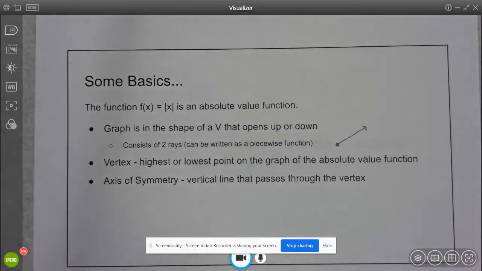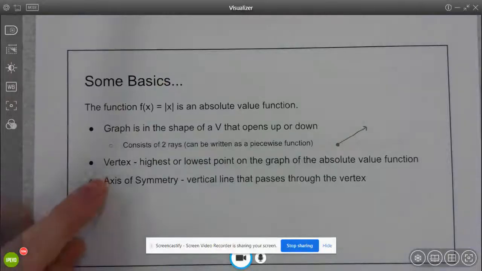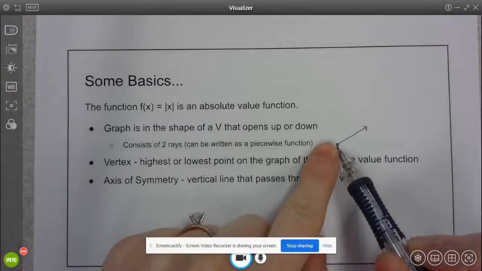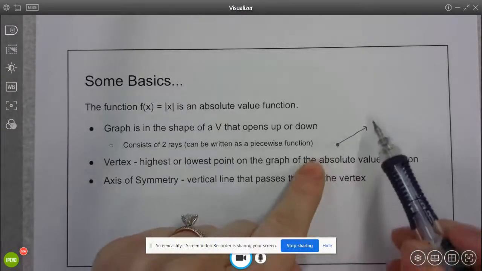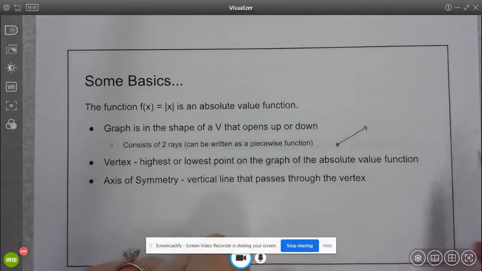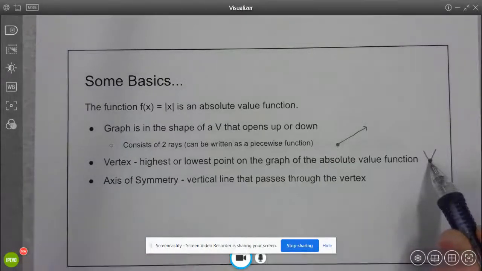So an absolute value function is two of these put together to create that V. We are going to have a vertex, just like we did with our quadratic functions in Math 1 and Math 2. However, our vertex here, instead of being on that curved minimum or maximum for the quadratic, will be that very distinct base point in our V.